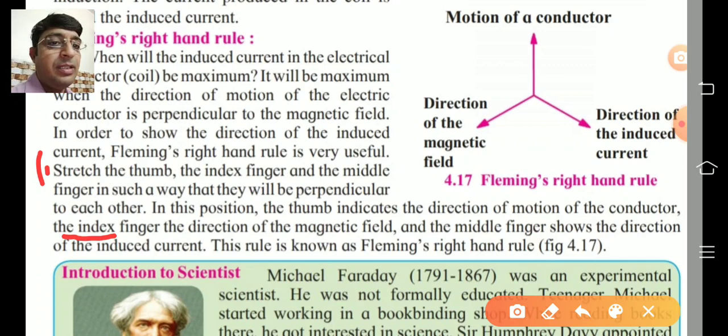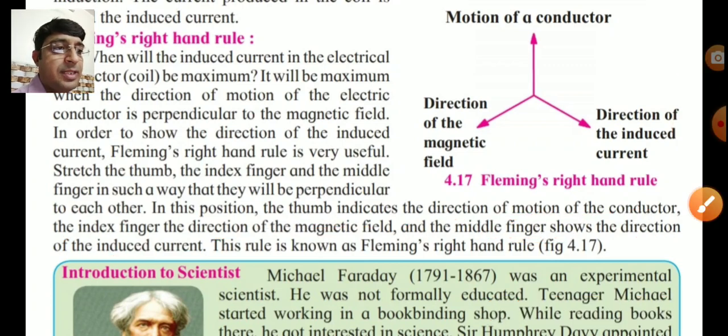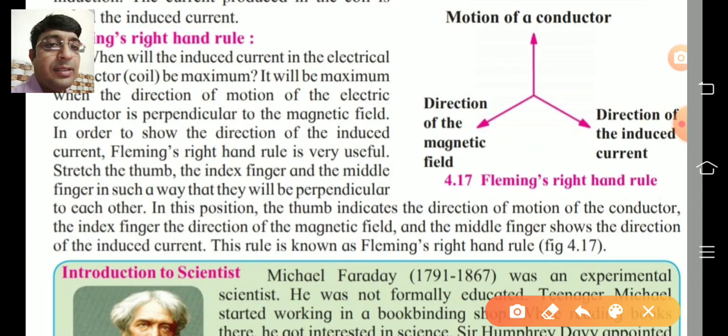If the index finger shows the direction of magnetic field and the thumb shows the direction of motion of conductor, then the middle finger shows the direction of induced current. See the sequence of fingers again. Up to here, point first is over. This is the first point.